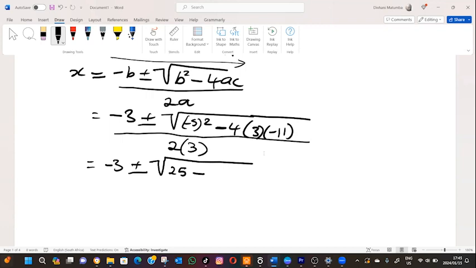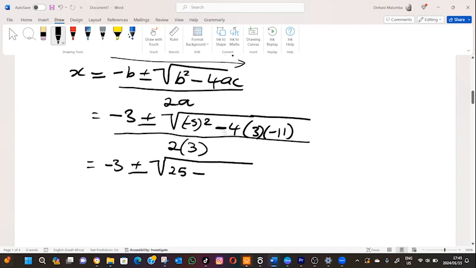And 12 times 11 will give us, let me see. Four times 3 times 11. It will give us, and be careful of the sign, guys.